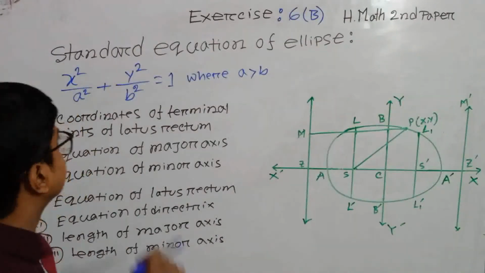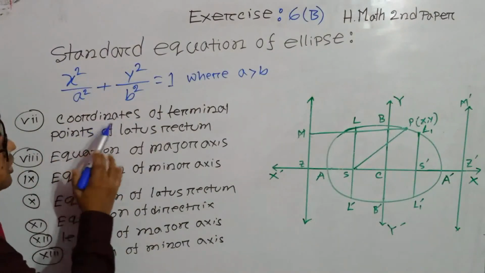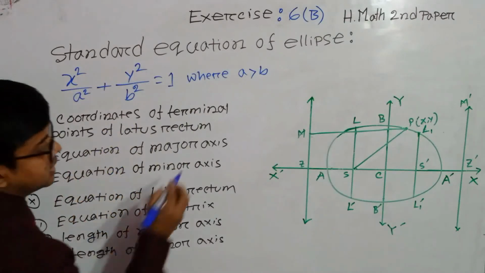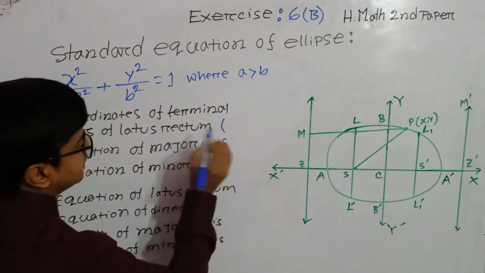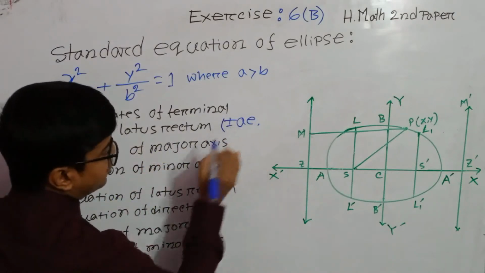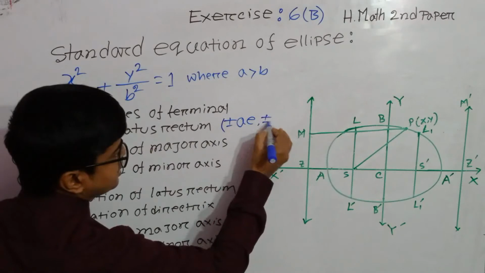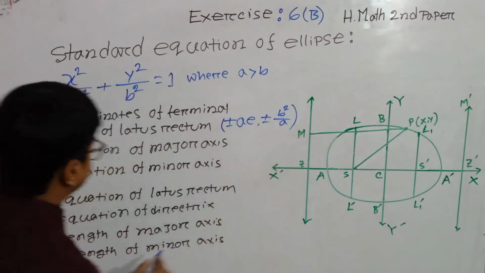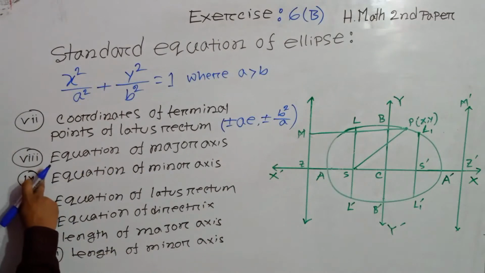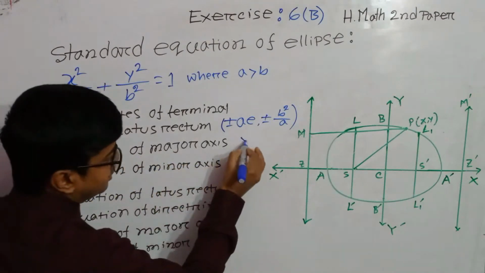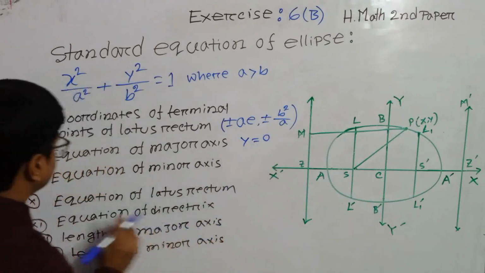Now formula number 7, coordinates of terminal points of the latus rectum: plus minus ae, plus minus b square by a. Formula number 8, equation of major axis: y equals 0.